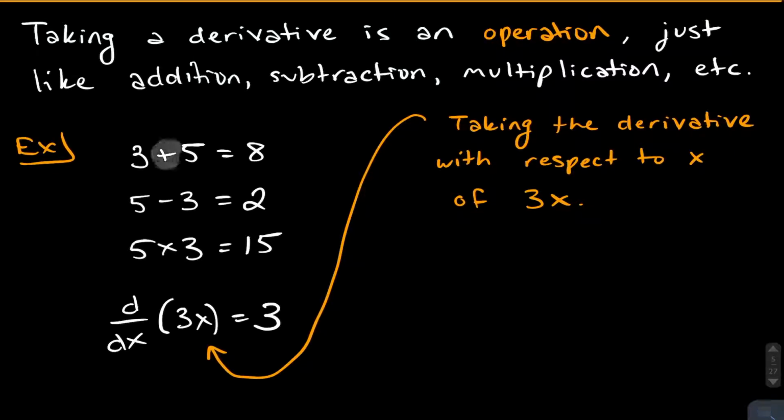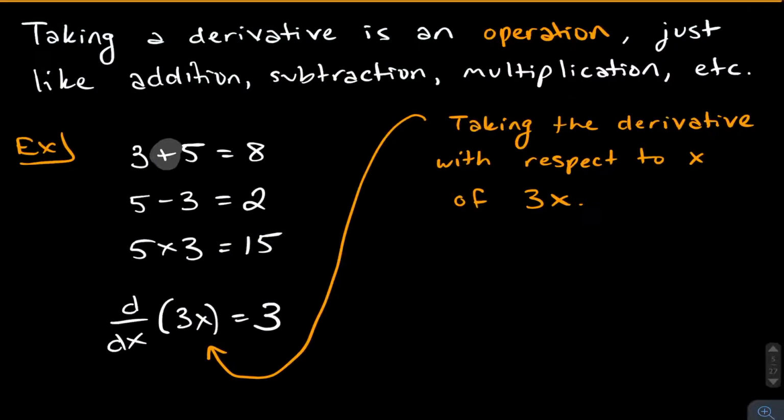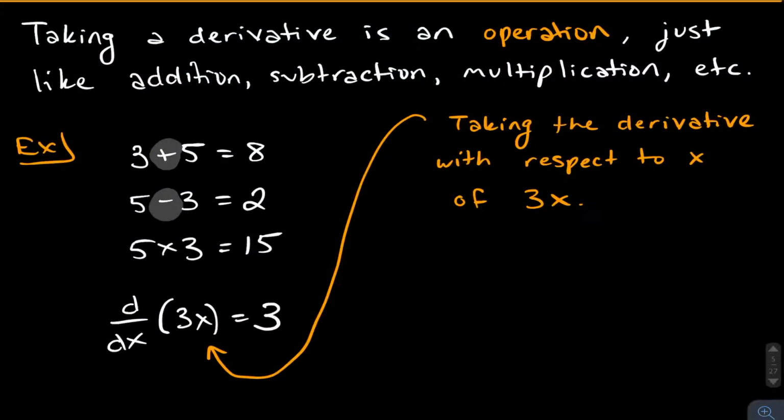We have 3 plus 5. That plus sign tells us to add those two numbers. 3 plus 5 equals 8. What about 5 minus 3? Again, you have that minus sign. That tells you to subtract 3 from 5, and you get 2. And then you can multiply, right? Multiplication tells you to multiply 5 and 3, you get 15.